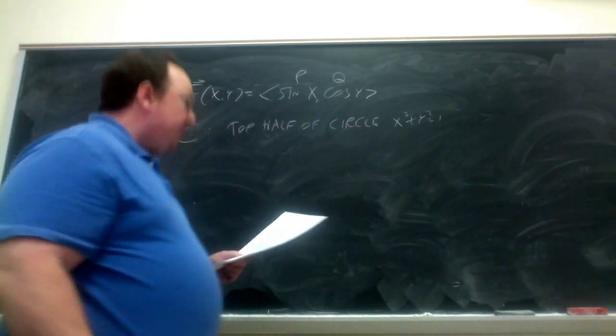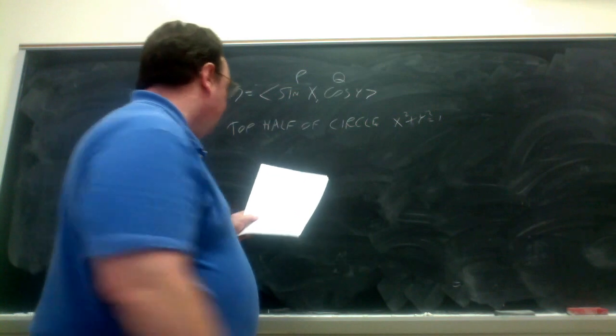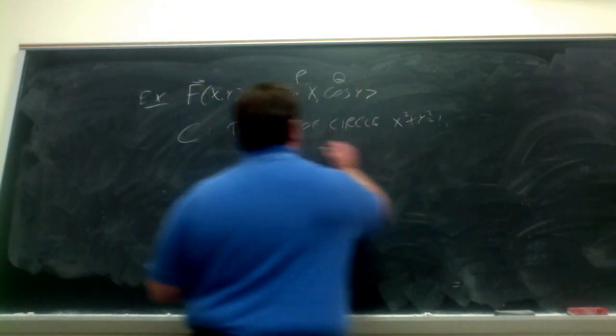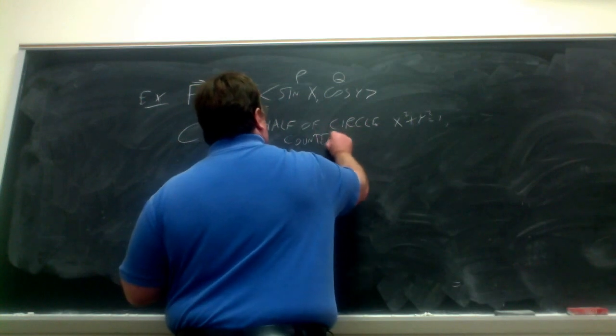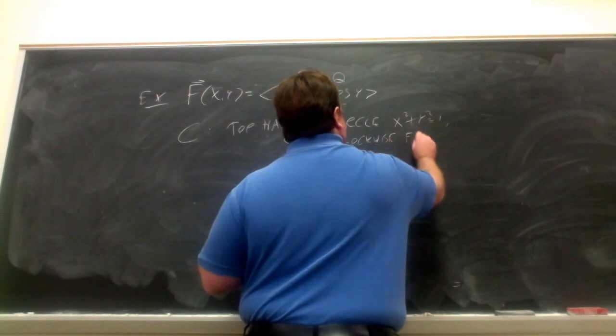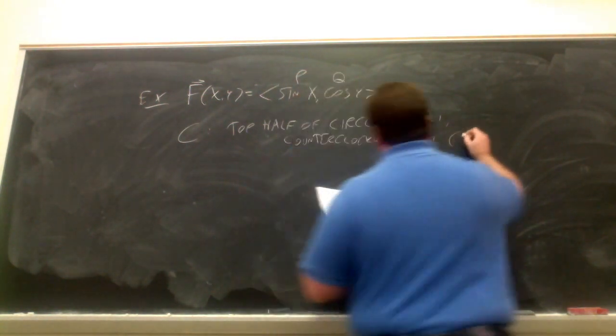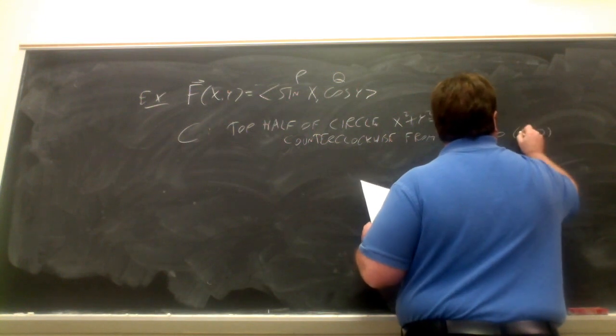Now, this curve is actually going to be two pieces. There's the top half of a circle, and it's traversed counterclockwise from 1, 0 to minus 1, 0.